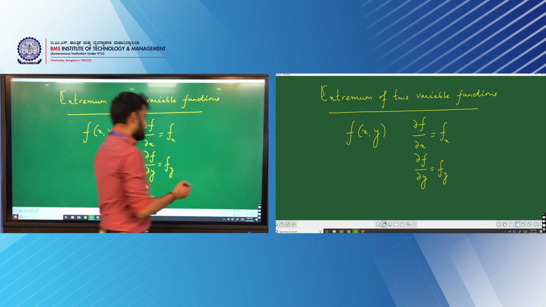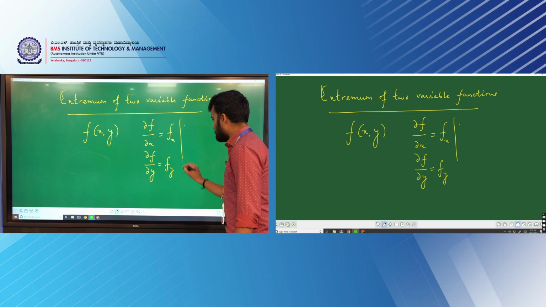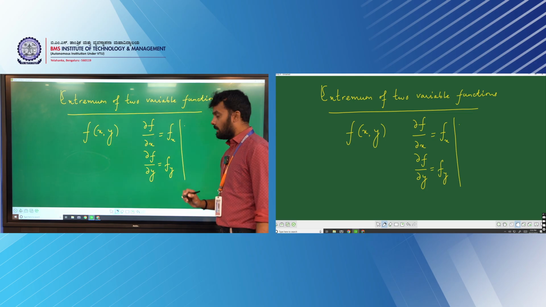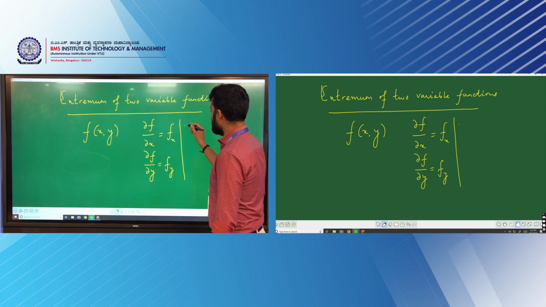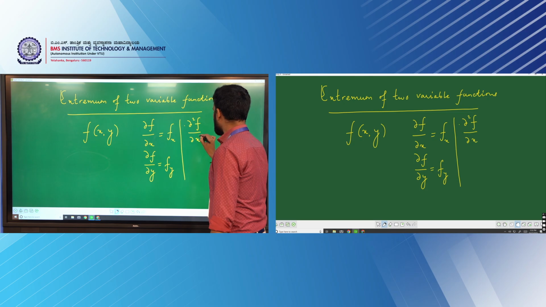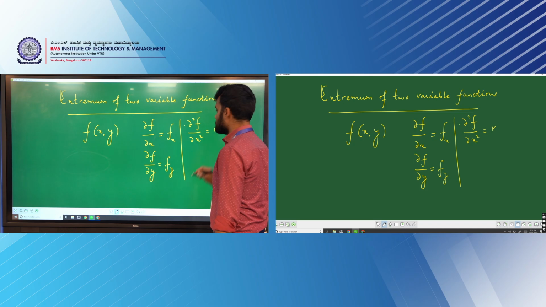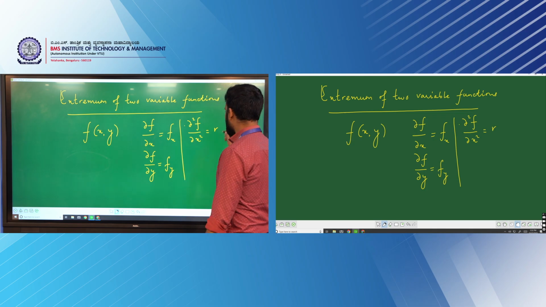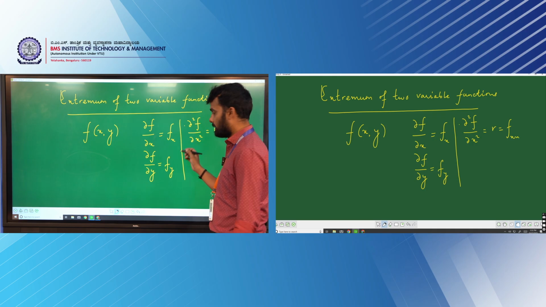Also, some of the second order partial derivatives are required. They play a very important role in the procedure. The first is the second order derivative of f with respect to x itself, which we are going to call r. In shorthand notation, it can be written as fxx, but for our procedure we call it small r.